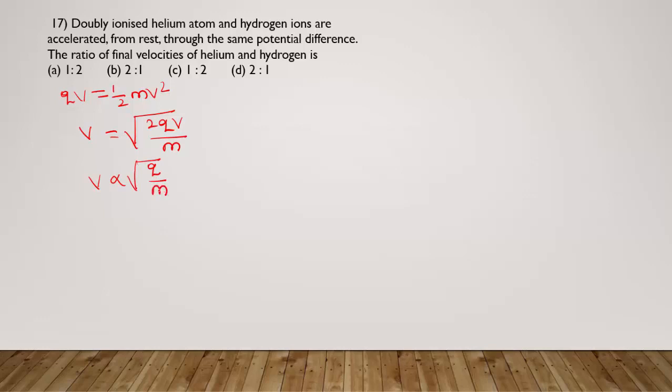The ratio of final velocities of helium and hydrogen is equal to the root of the charge of helium divided by the charge of hydrogen, into the mass of hydrogen divided by the mass of helium.